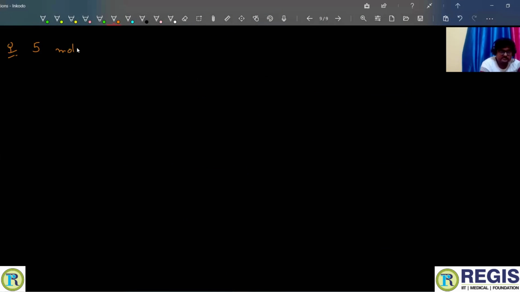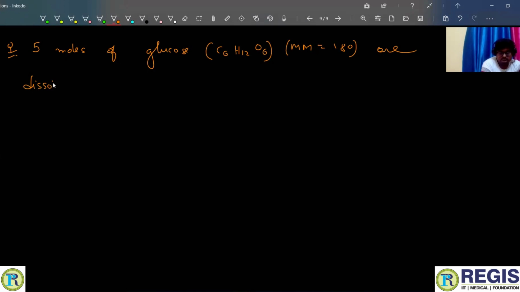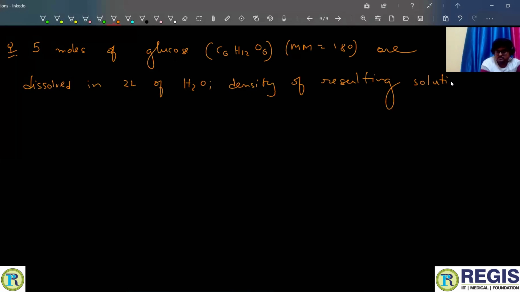5 moles of glucose. What is glucose? C6H12O6. Remember the molar mass of glucose, which is important, which is 180. Okay, are dissolved in 2 liters of water. Now, the density of the resulting solution is given as 1.5 gram per ml.